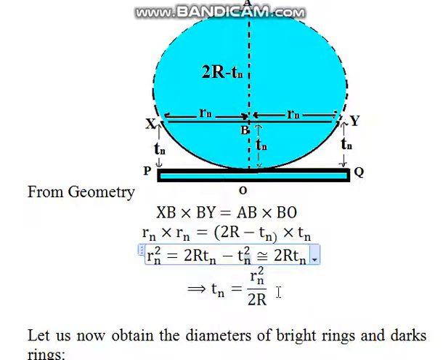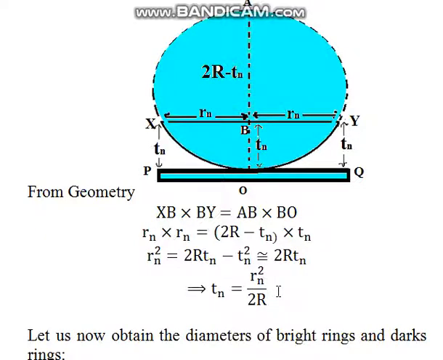So the expression is Tn is equal to rn square divided by 2R. This is the relation between the nth order radius rn and the corresponding thickness of the film, Tn.